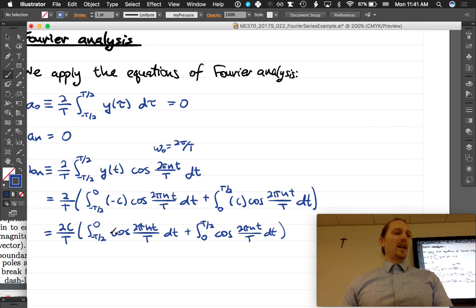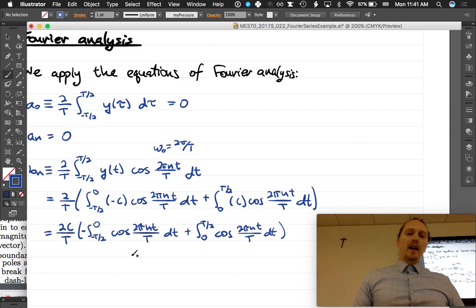This should be a negative sign there, right? So I'll pull it out of the integral and put it right here. Okay, so we've got that. Notice that these are the same integral, they just have different limits, right?